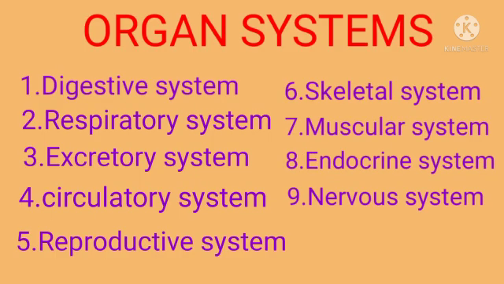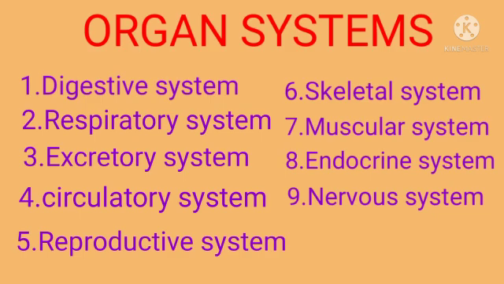Very good. I hope you remember the organ systems. They are the digestive system, respiratory system, excretory system, circulatory system, reproductive system, skeletal system, muscular system, endocrine system, and nervous system.